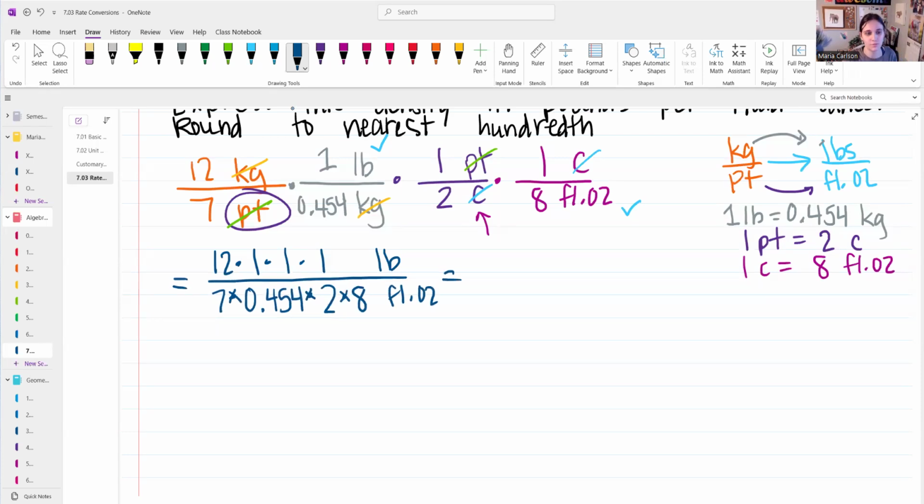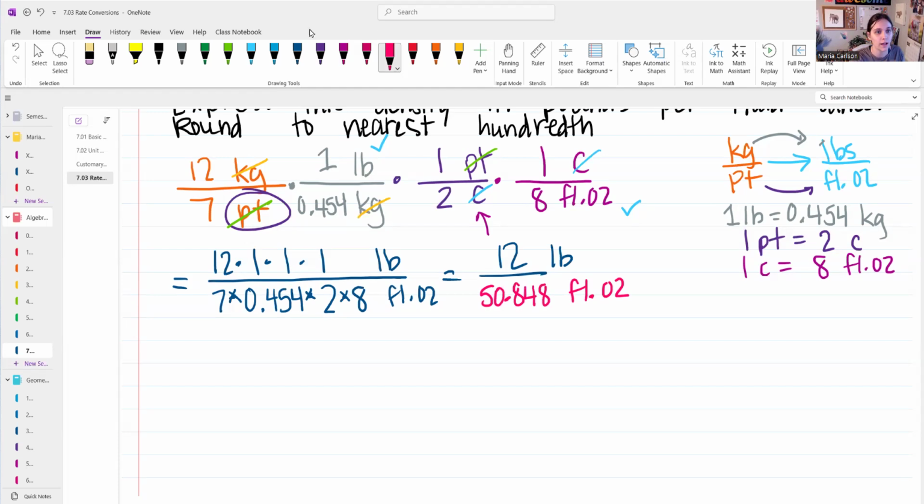Across the top, 12 times 1 a bunch of times is just 12. So I have 12 pounds per, and now if we multiply across the bottom, 7 times 0.454 times 2 times 8 gives us 50.848 fluid ounces.